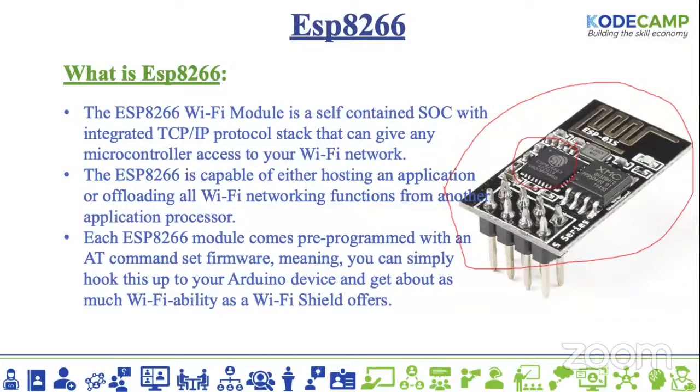For example, maybe you can decide to write a socket program. When I talk about a socket program, you're trying to use an IP address and a port to send information to a particular device, to another device. Now, this device has to be on the same network before they are able to communicate with each other.